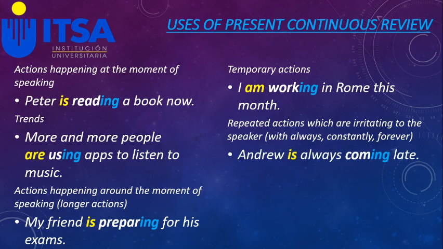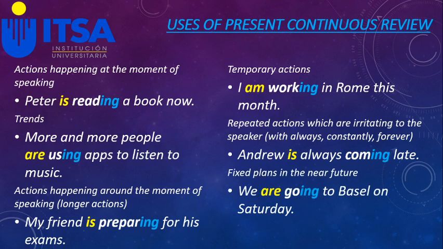We also tend to emphasize this feeling when we pronounce the sentence. It's not just Andrew is always coming late. No, it's Andrew is always coming late. To emphasize the feeling.